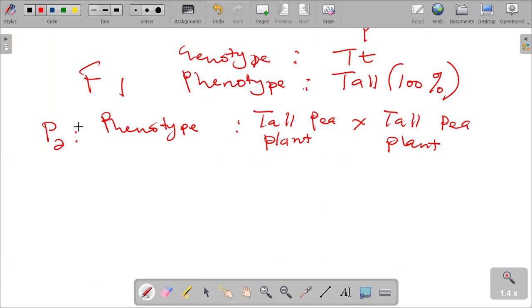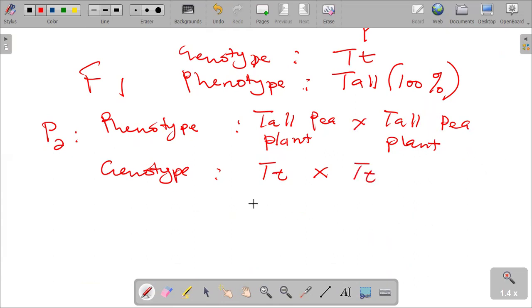So now, what is the genotype here? The genotype is just as given there, heterozygous T. So we have a heterozygous T plant crossing against a heterozygous T plant.